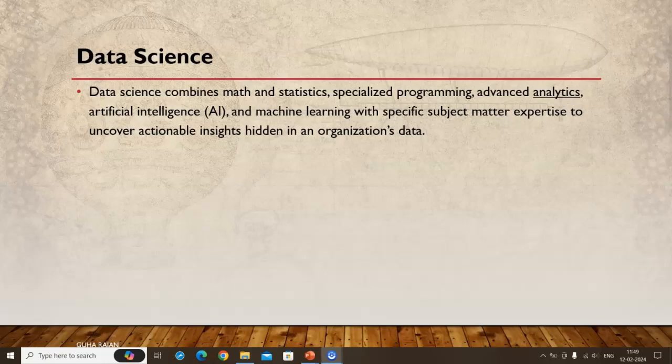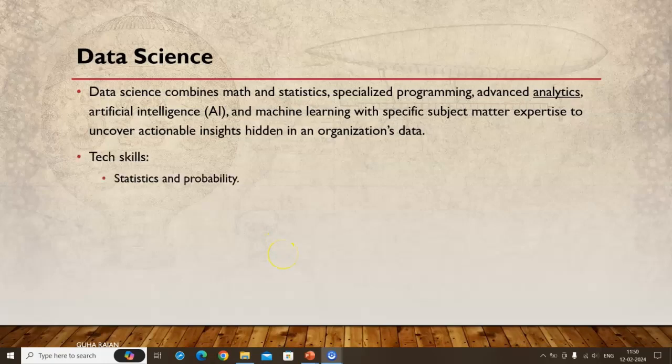So data science is of course much more complex, with more than just technical skills. It also requires specialized knowledge of math, statistics, advanced analytics, artificial intelligence, machine learning. We'll get into that as well, how data science is related to machine learning, which one is a subset of which one, we'll see that as well.